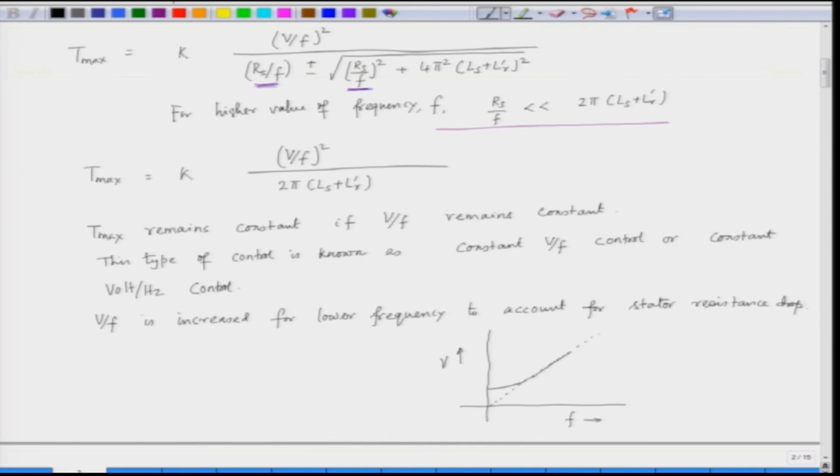So, this is our function that we have to follow. Now, given a frequency, we have to find out the corresponding voltage. So, if we are given a frequency, we can use this function and find out the corresponding voltage.